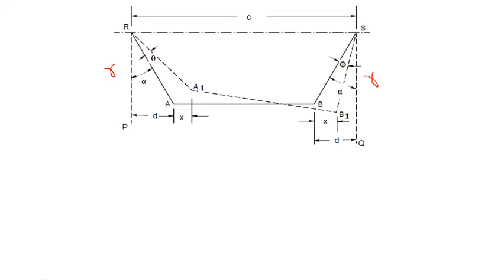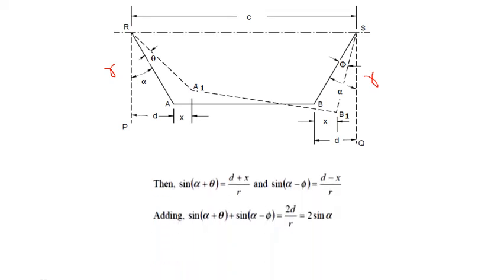Neglecting the obliquity of the track rod in the turned position, the movement of A and B in the horizontal direction may be taken to be the same. So sine of alpha plus theta, which is the total angle, can be written by considering this total triangle up to here.